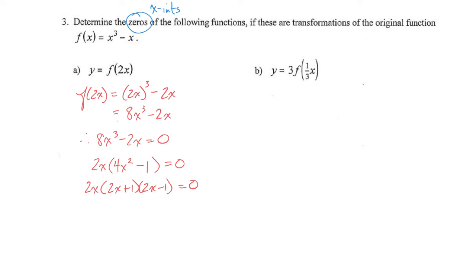But that might just allow us to see a little more explicitly that we're going to actually have 3 solutions to that equation. Therefore, 2x equals 0. So x must equal 0. 2x plus 1 equals 0, so that means a negative 1/2. Or 2x minus 1 equals 0, a positive 1/2.